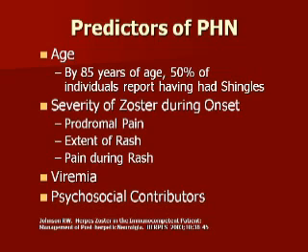But coping abilities, the manner in which people deal with pain and how successful they are in dealing with pain, helps to predict who is more likely to develop post-herpetic neuralgia and who won't. So these are some of the predictors of the pain syndrome post-herpetic neuralgia. Next, please.